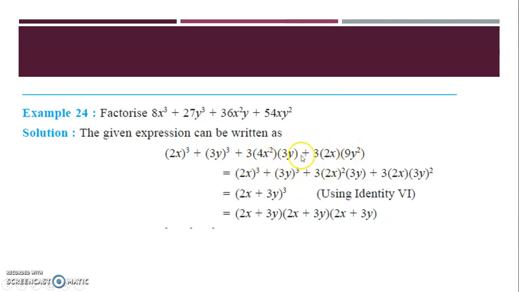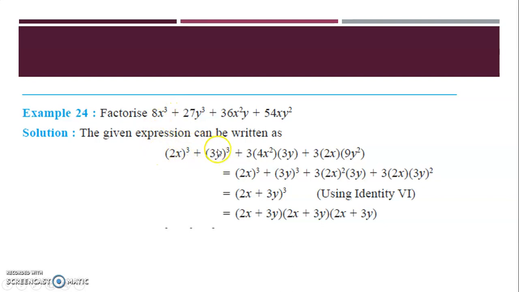So this is of the identity form, which means this whole polynomial can be written in the form 2x plus 3y the whole cube. That is nothing but 2x plus 3y times 2x plus 3y times 2x plus 3y. So when you are asked to factorize a cubic polynomial, first check whether you can find two perfect cubes.